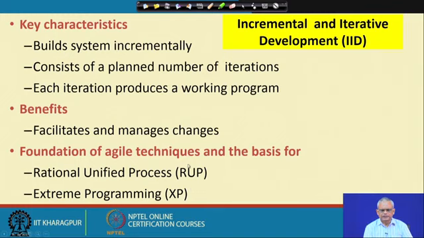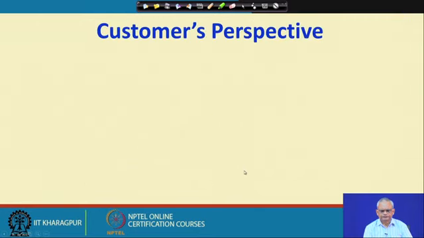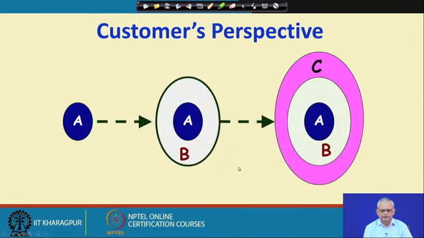The incremental development has many advantages. From the customer's perspective, he initially gets a core part of the software, experiments, gives feedback, then gets a slightly larger software, and so on until he gets the full software.